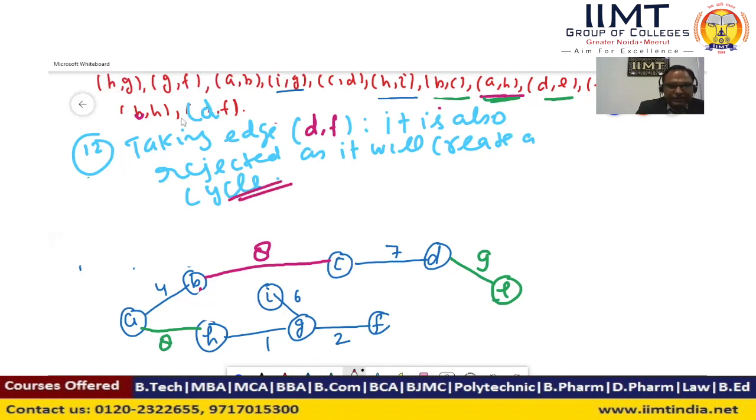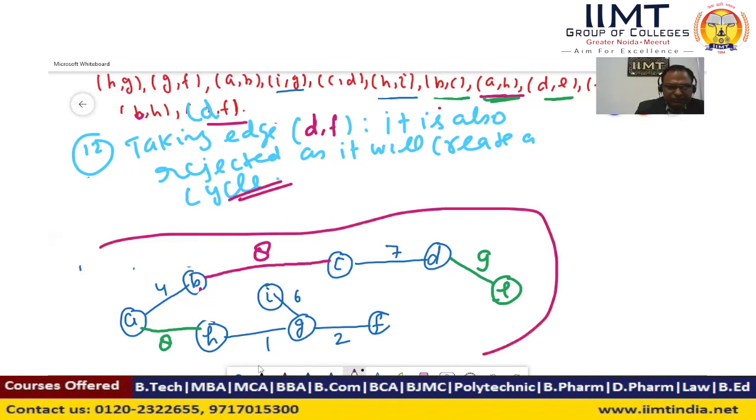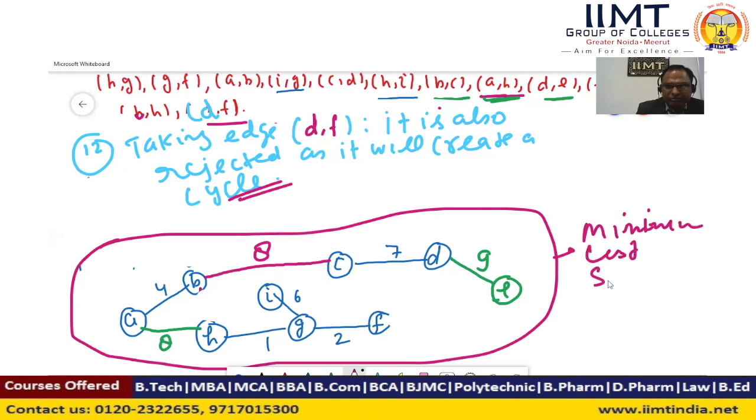In this way, all the edges have been considered, from the minimum weight edge to the last one. Now the Kruskal algorithm will terminate, and whatever output we have is our minimum cost spanning tree.